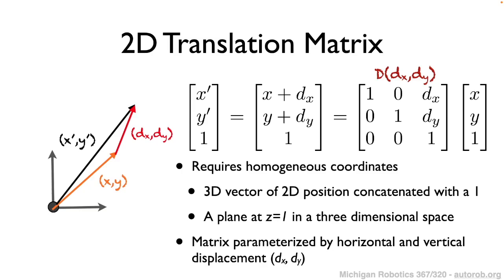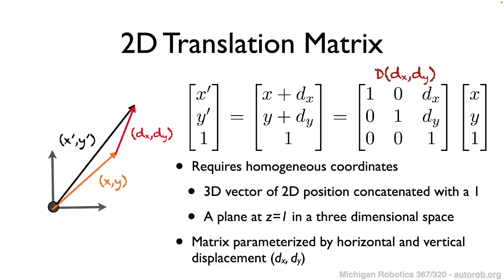In addition to that, we've expressed our vertex x and y for one of these points as a column vector with 3 elements. This additional element within this column vector is just a unit element, just 1. By taking our 2-dimensional position and expressing it as a 3D vector, where the 2D position is concatenated with a 1, this is what we refer to as homogeneous coordinates. And the reason that we use homogeneous coordinates is that it allows us to express the translation in this form of a matrix multiply.